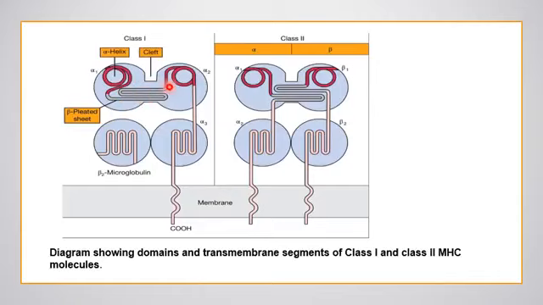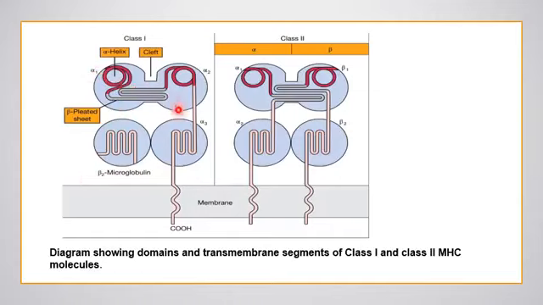This is the alpha chain, and this is the beta microglobulin.